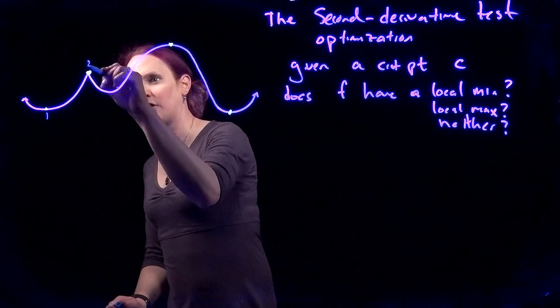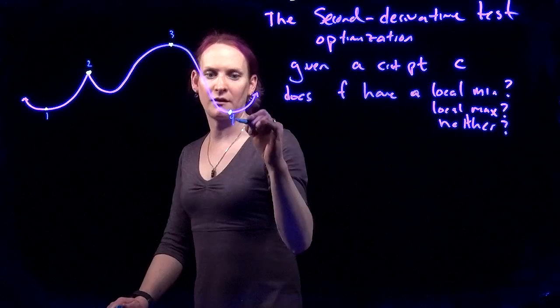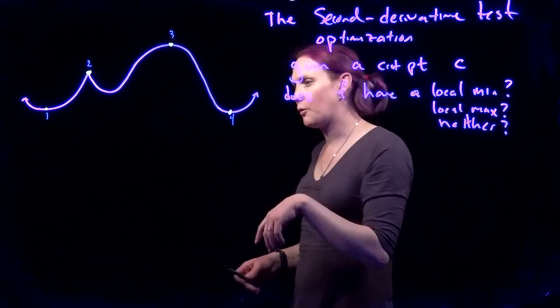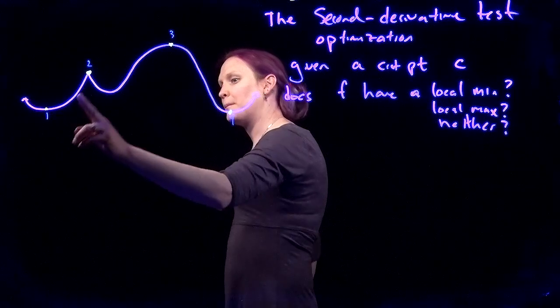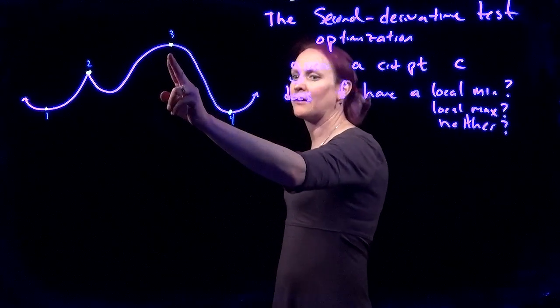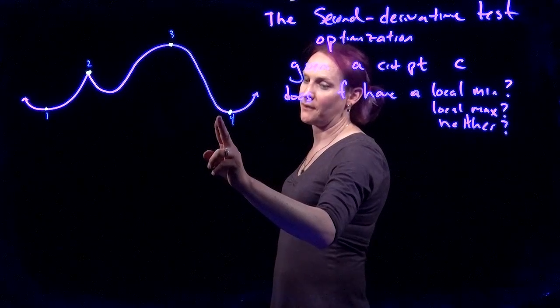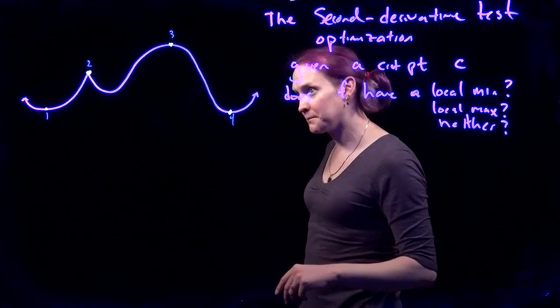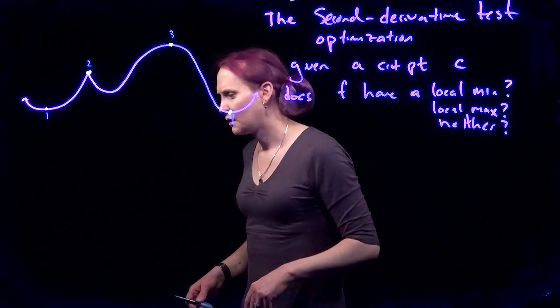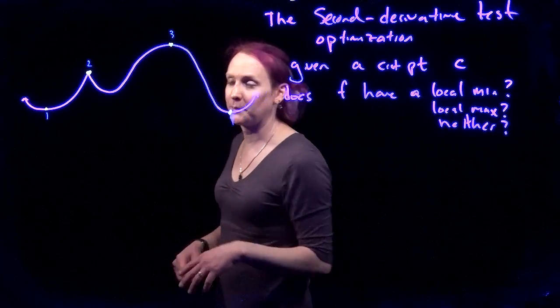Number 1, 2, 3, and 4. At number 1, we have a local min. At 2, we have a local max. At 3, we have a local max. At 4, we have a local min. Okay, so this will be good for now.